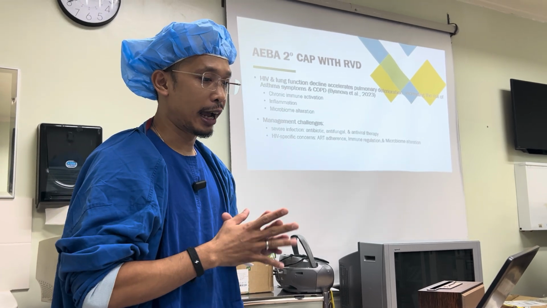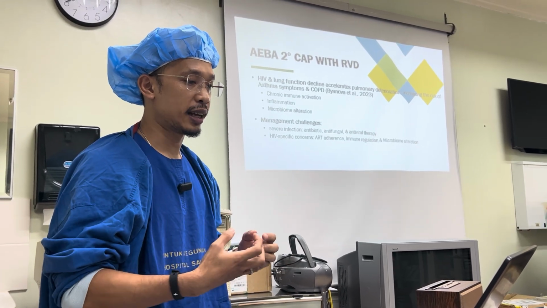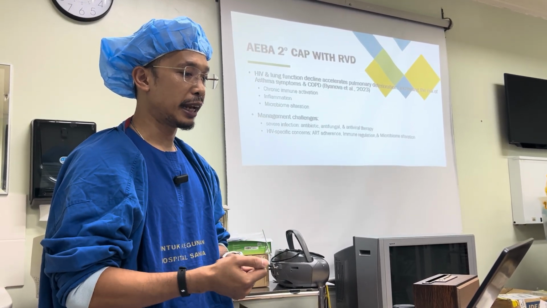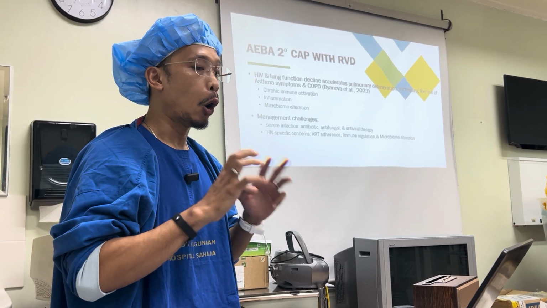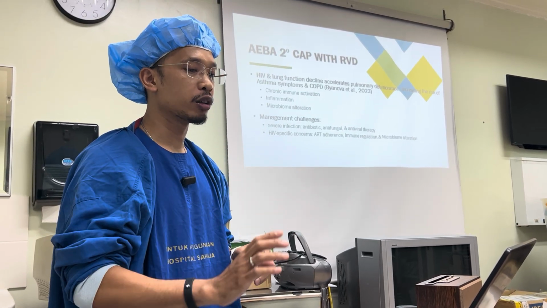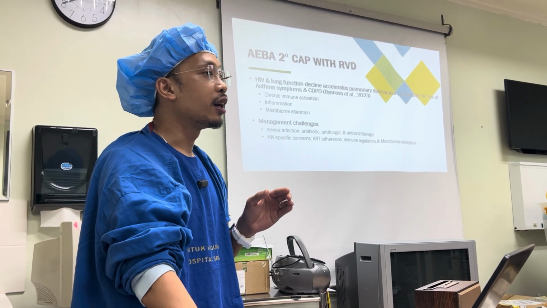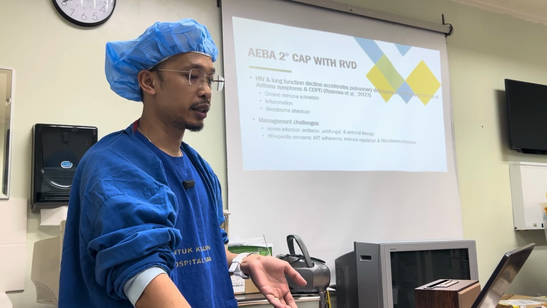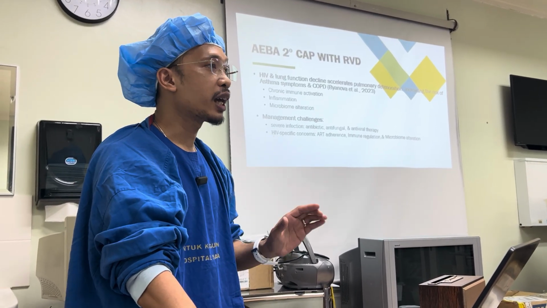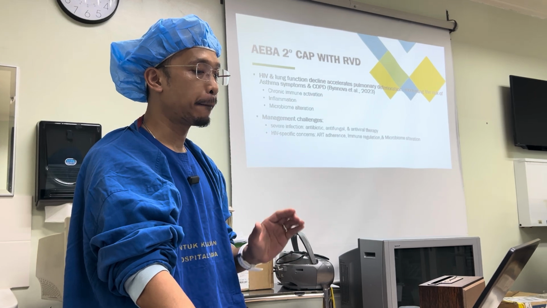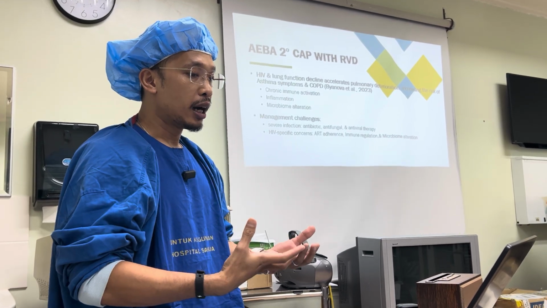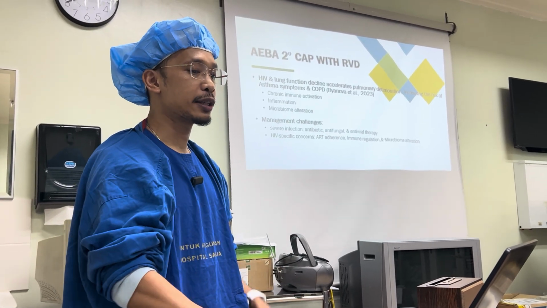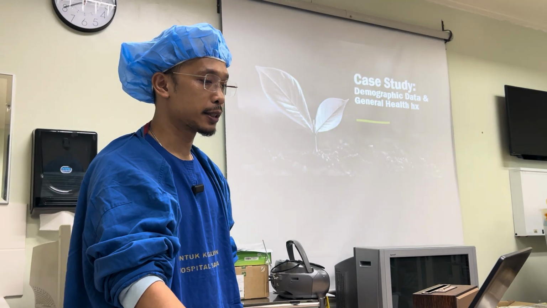But on top of that, there are HIV-specific issues to consider as well, such as antiretroviral therapy, immune regulation, and keeping the microbiome in balance, which all play a huge role in overall lung health. That's why an RVD patient with CAP or asthma exacerbation is not really straightforward. We are dealing with airway hyperresponsiveness on one side and immunosuppression on the other side. So the treatment has to be targeted and carefully balanced.